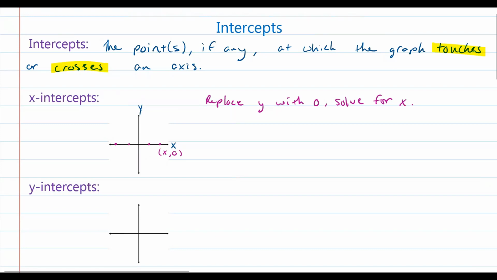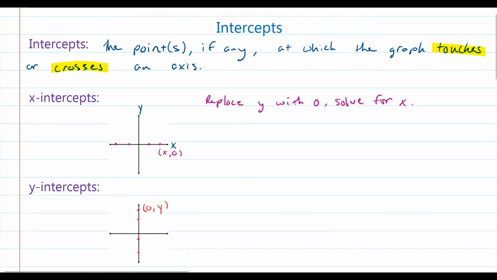Likewise, the y-intercept occurs when the graph touches or crosses the y-axis. So I'll plot a few points on the y-axis and see if we have anything in common with those points. Again, I don't know where exactly they're located on the y-axis, so I don't know their y value, but I do know that each and every one of these points has an x-coordinate of 0.